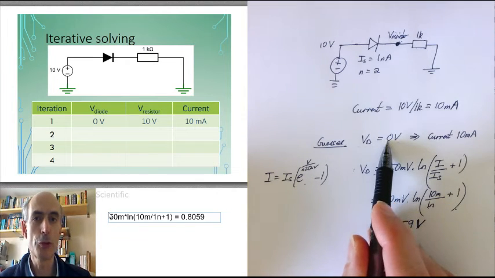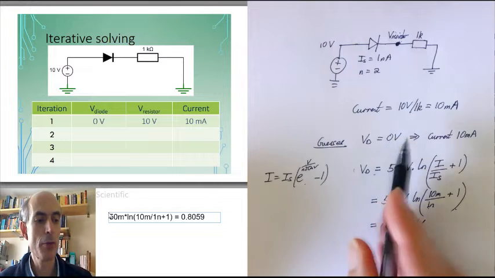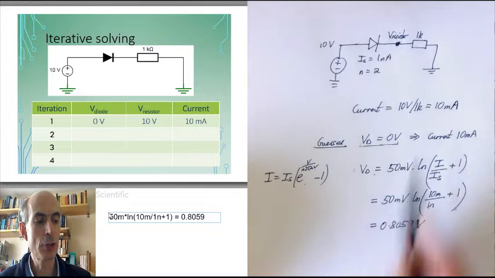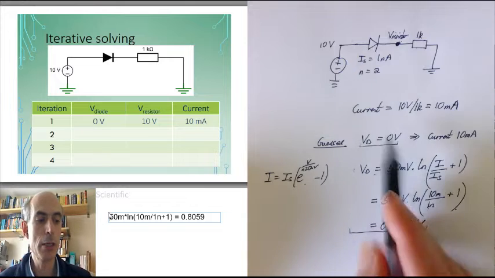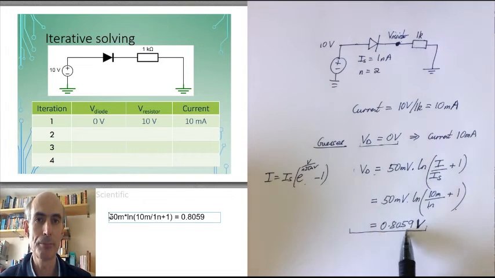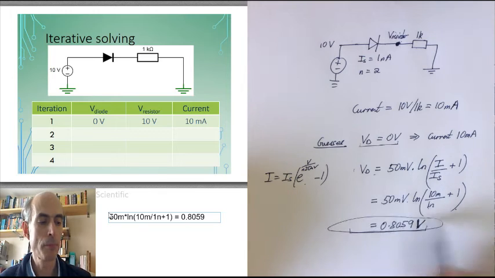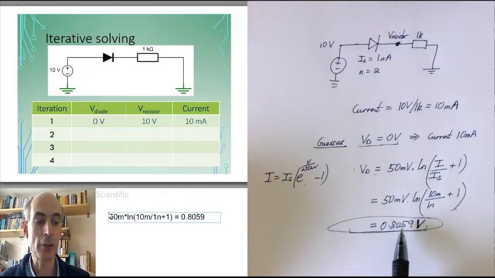If 0 volts was correct, then my guess and the prediction of the Shockley equation based on my guess would be equal. They're not. So I need to make a better guess. And the second guess that I use is this one, what the Shockley equation predicts the voltage to be.